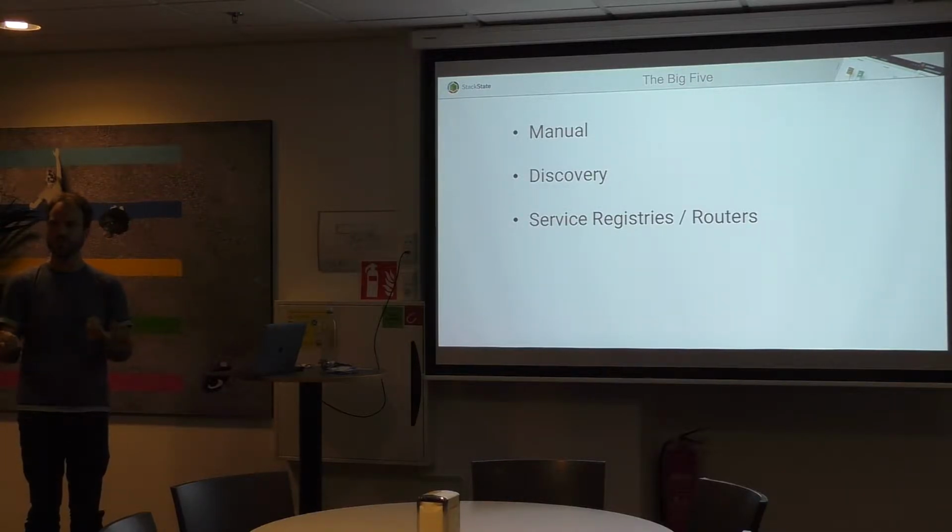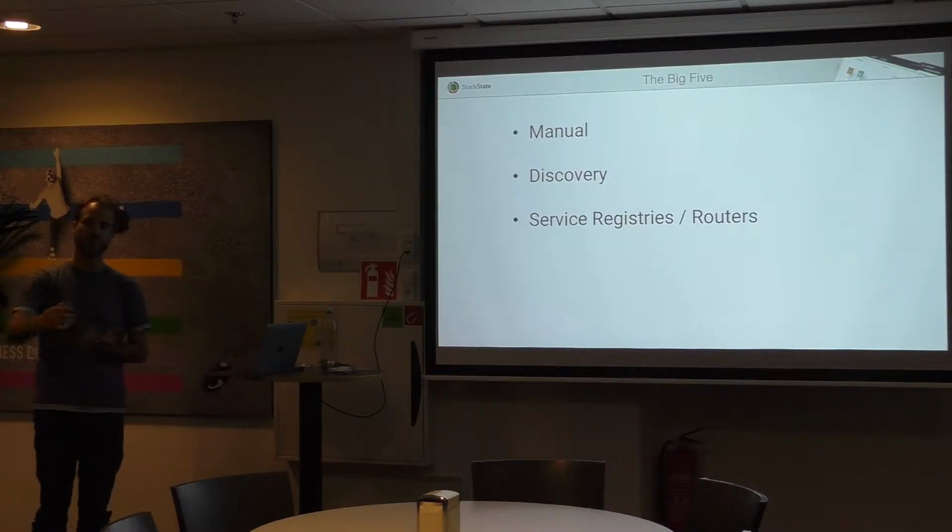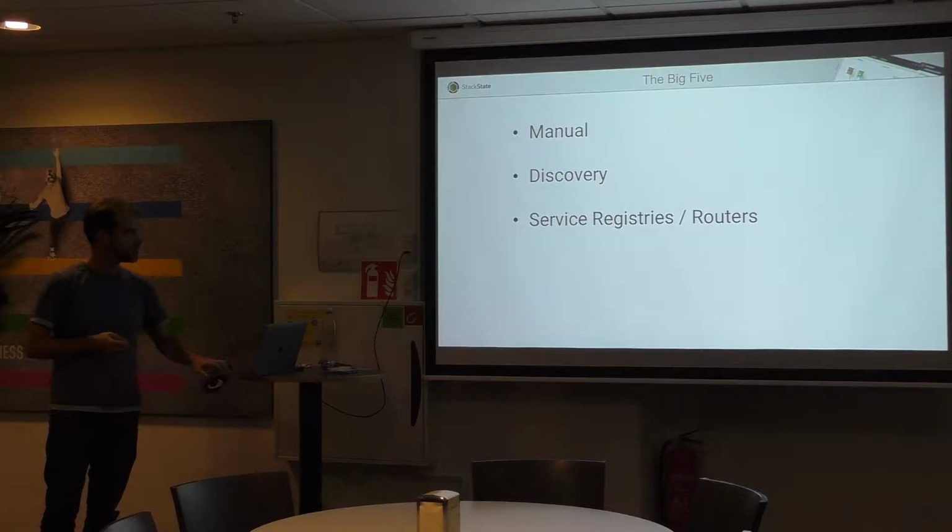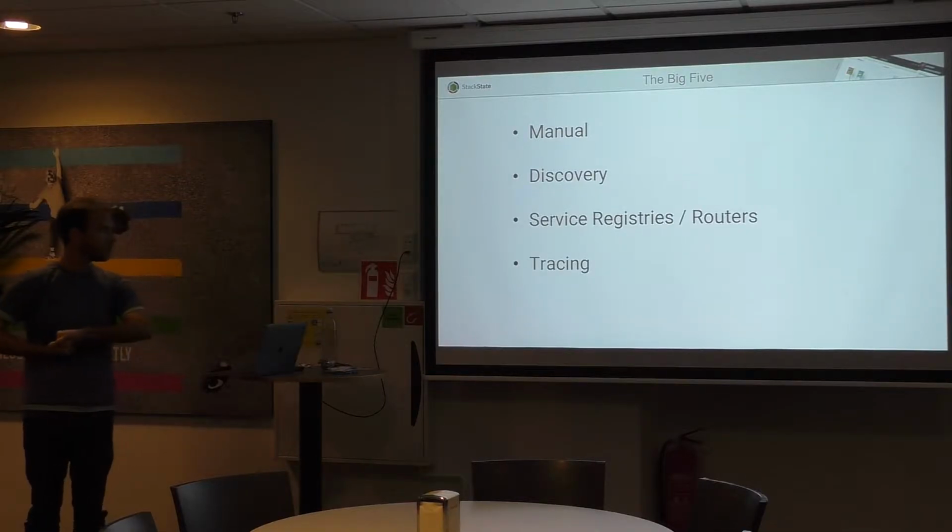You can ask your router which components do you know are in your IP table, but you can also have, for example, which is very popular, a Consul or a ZooKeeper that knows how to connect components to each other. So the components register themselves, and when they want to talk to another component, they ask the registry. And so those registries are a way of getting the topology.